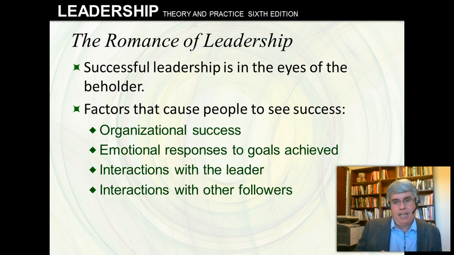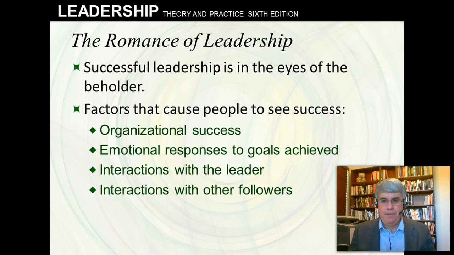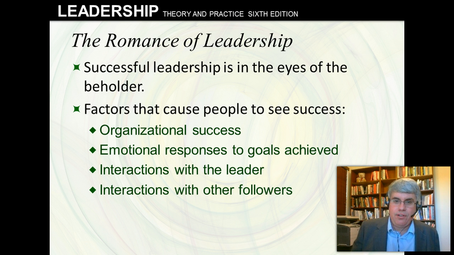Even though they might not ever have seen that leader do anything, maybe if that leader never did anything bad, he or she will be viewed negatively because of interactions with other followers who might have a negative or positive view of the leader. So here we see that leadership might not have anything to do with the leader. It has more to do with interactions among the followers.